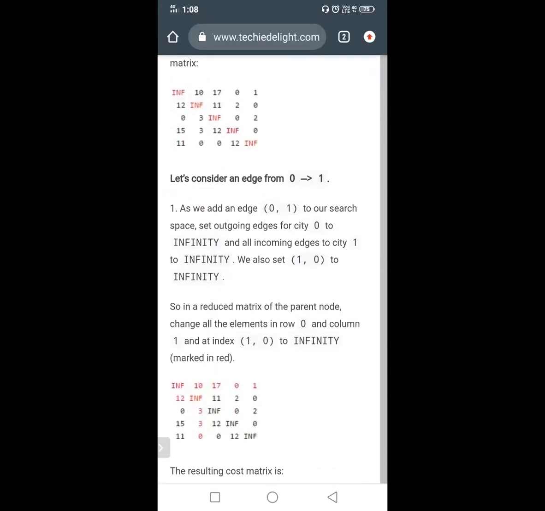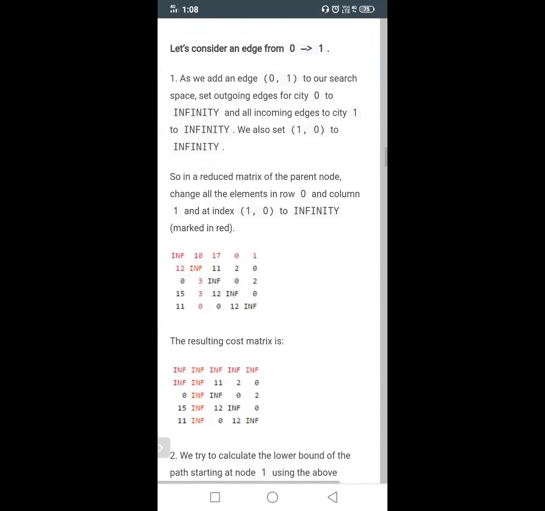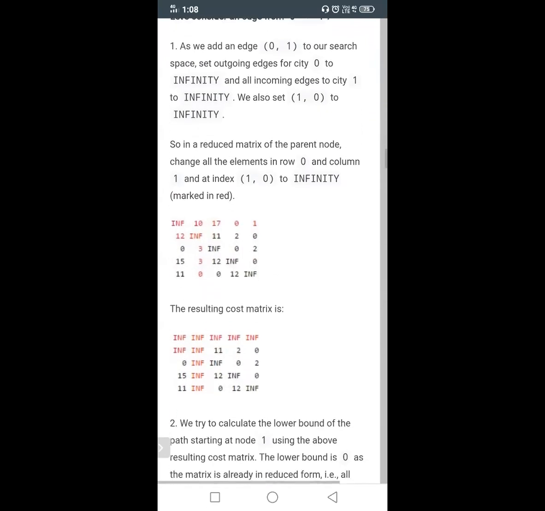See the diagram here. This is the actual matrix. In the 0th row and 1st column I make infinity, and also I make infinity to 1, comma 0. See here, 1, 0, first row 0th column is also infinity.